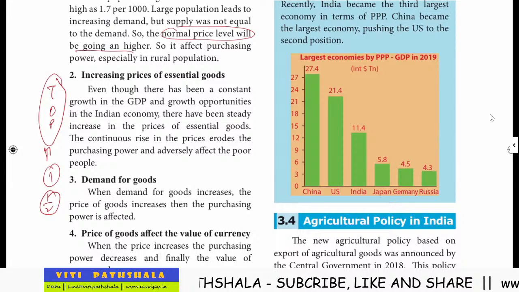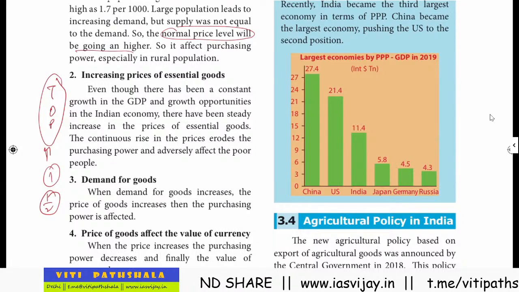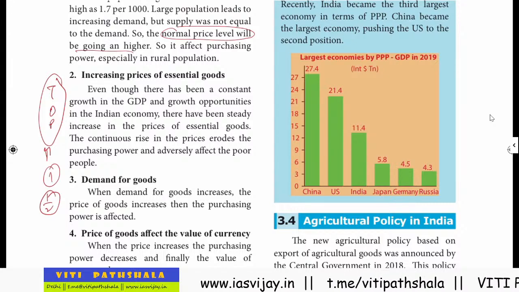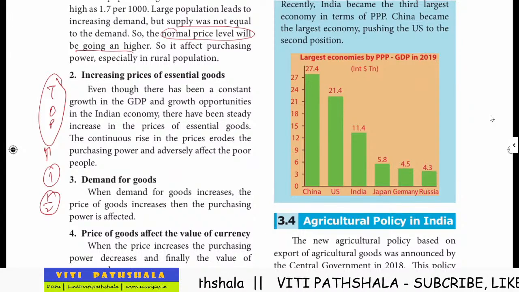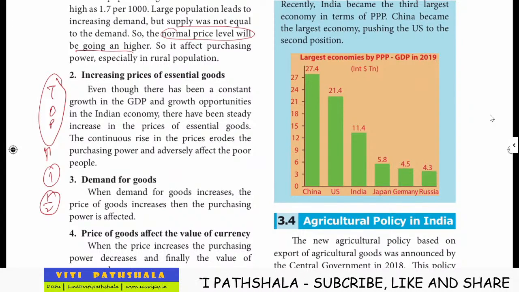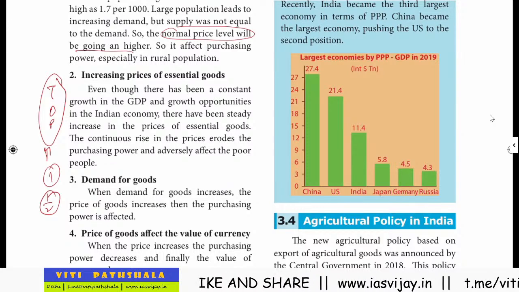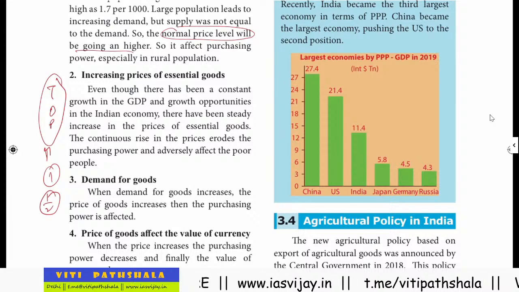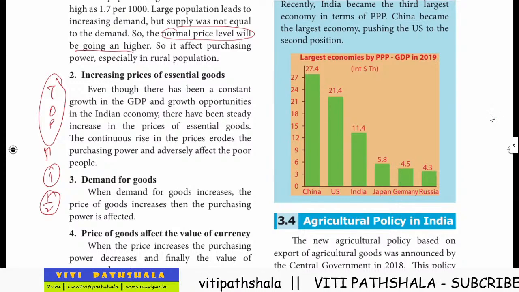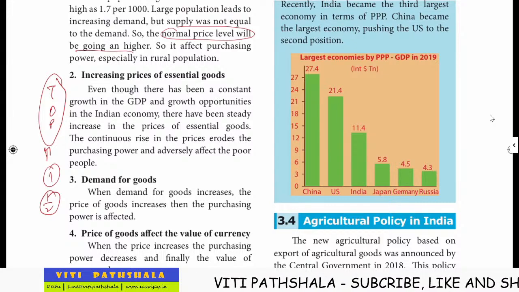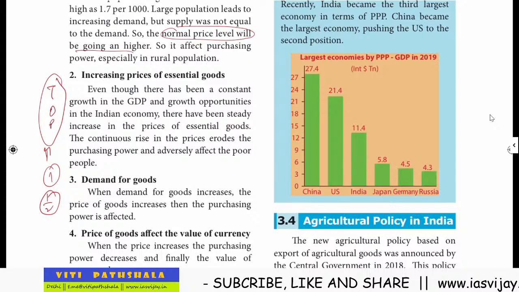So if you are reading the newspaper this time, my insight is that the maximum questions will be from economics and the environment, because the economy is so badly hit, they would require people who are experts in economics, who would be able to make efforts to stabilize the economy. So UPSC would be asking you more questions from economics. So do study the newspaper, keep an eye on what is going on.